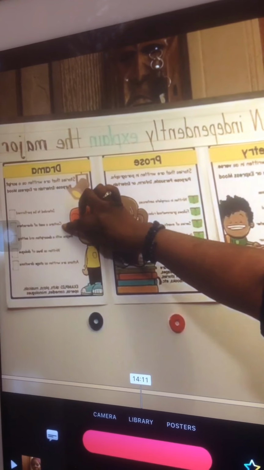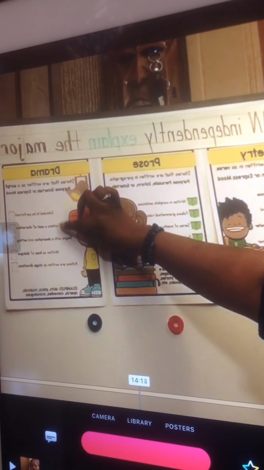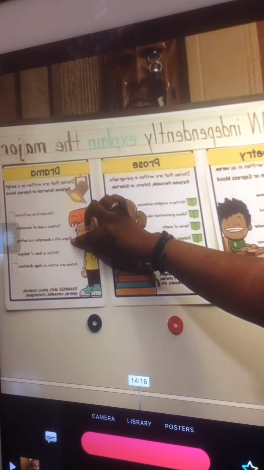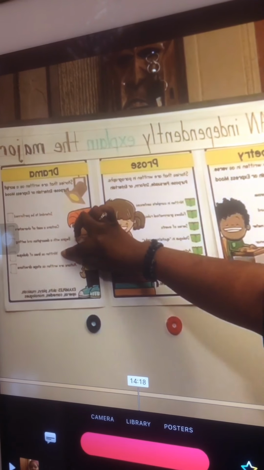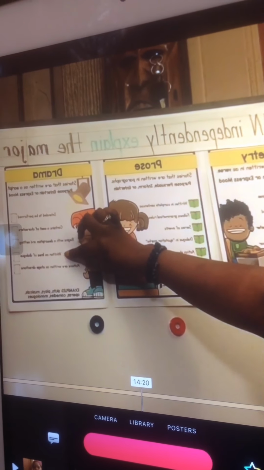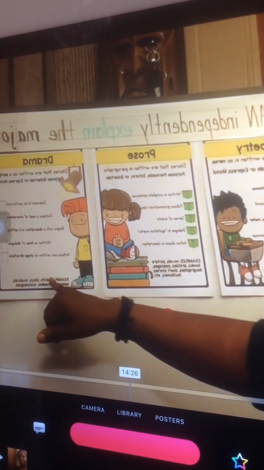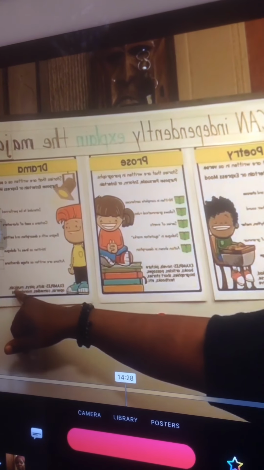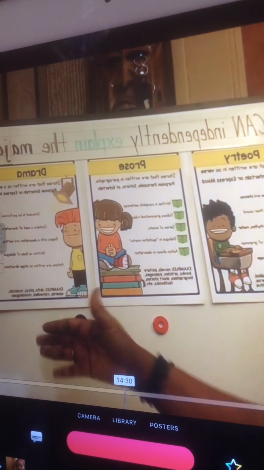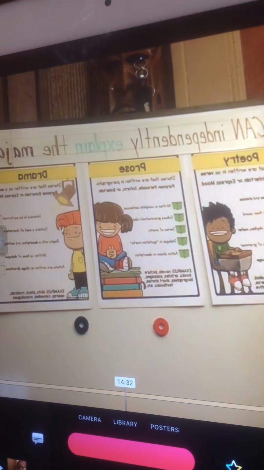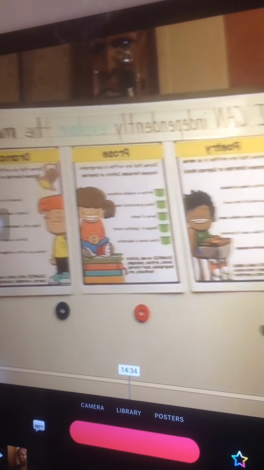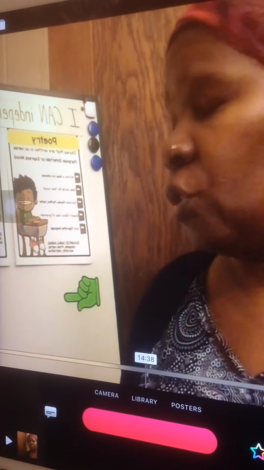It contains a cast of characters. It begins with a description and setting, written as lines of dialogue, and the actions are written as stage directions. You'll see drama in examples of skits, plays, musicals, operas, comedies, monologues. All of this is kind of like what you see on TV. So it's pretty much like watching TV. That could be considered drama.